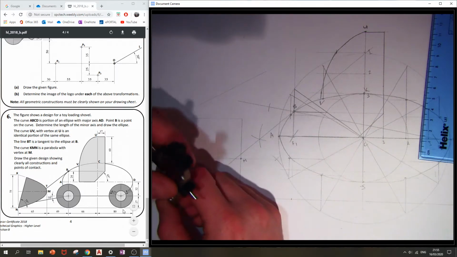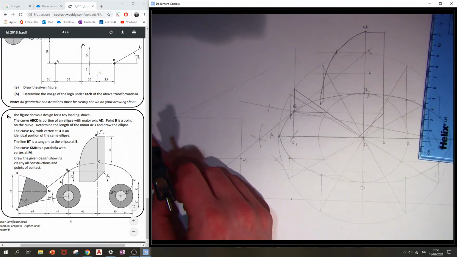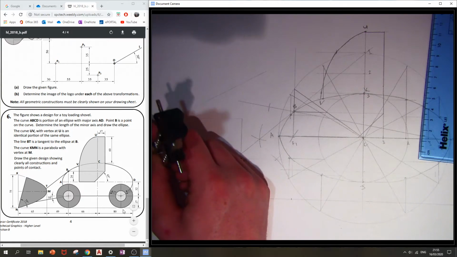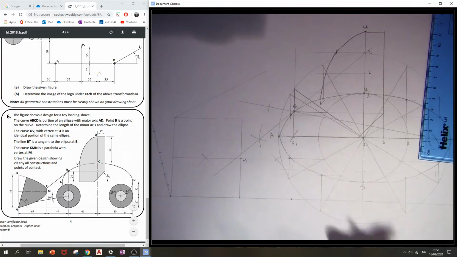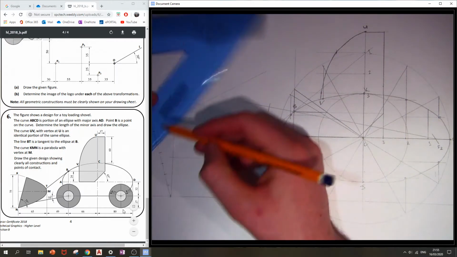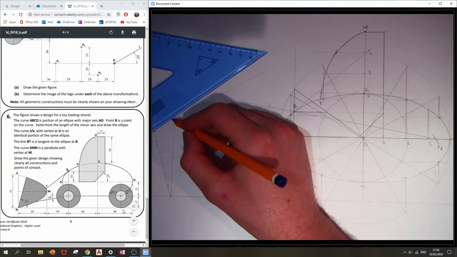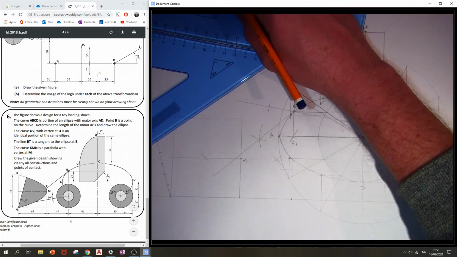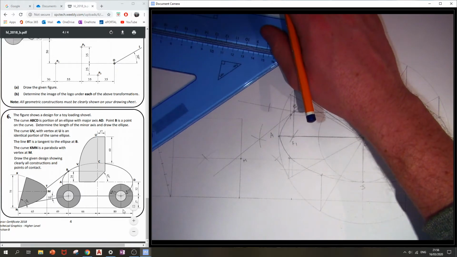So I'm going to divide this bottom into 6 parts. So 1, 2, 3, 4, 5, and 6. Now I want to divide this line into 6 equal parts, so I'm getting my sliding set squares. I'm joining the very last point to the end, to here, and I'm using my set squares going along to get a series of parallel lines.